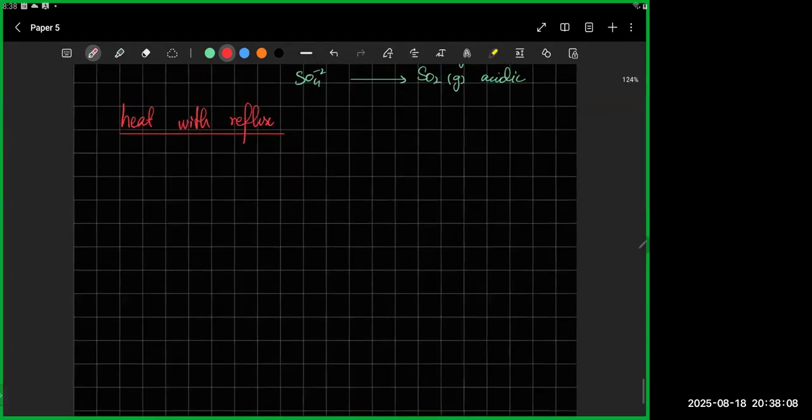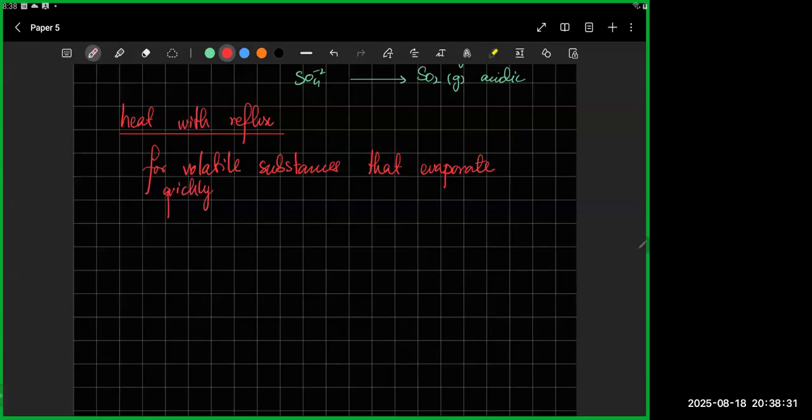What is heat with reflux? When you heat with reflux, this is for volatile substances. Again, ethanol is one of them, that evaporate very quickly. What you're going to do is you're going to have a condenser on top of the apparatus.